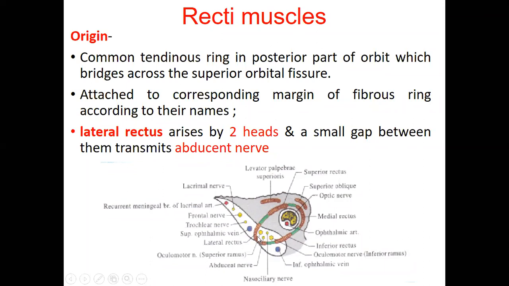There is a small gap between the two heads, and through that gap the 6th cranial nerve or abducens nerve passes.